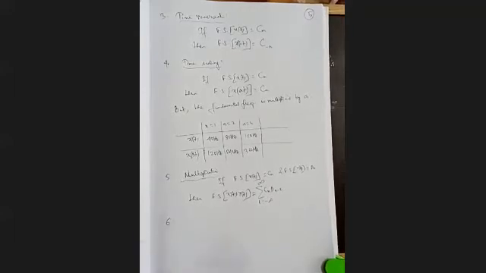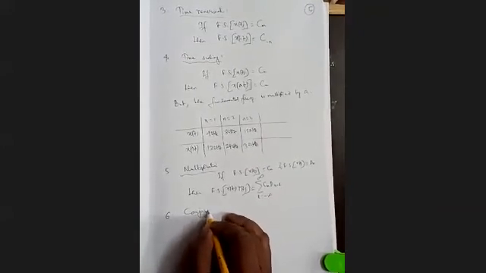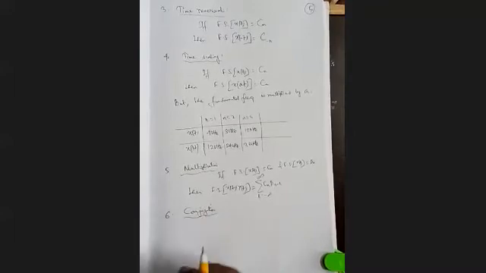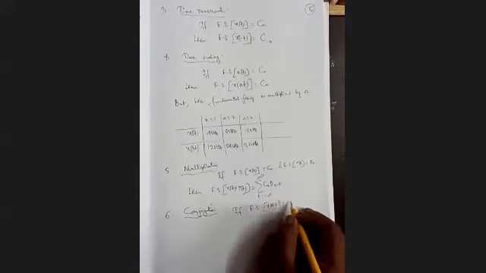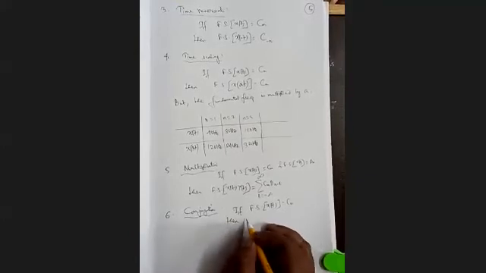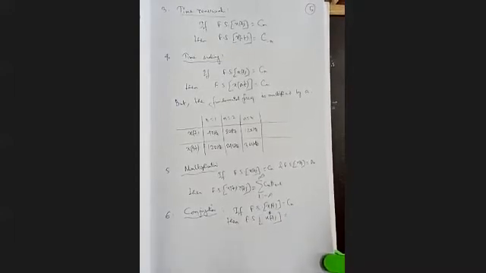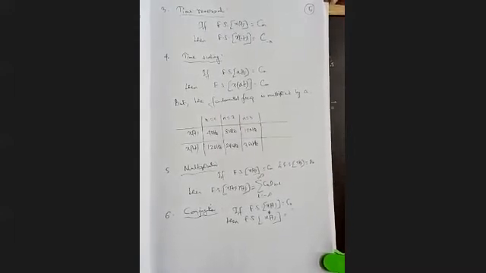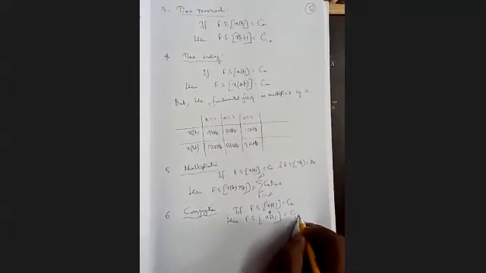Next is the conjugation property. If Fourier series of x(t) is Cn, then Fourier series of x*(t), the complex conjugate, will be C minus n star.